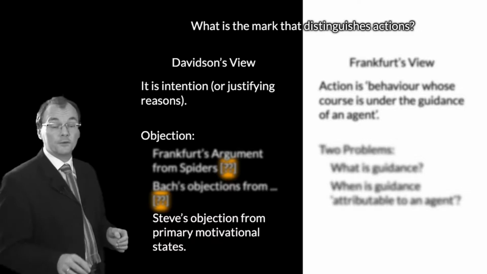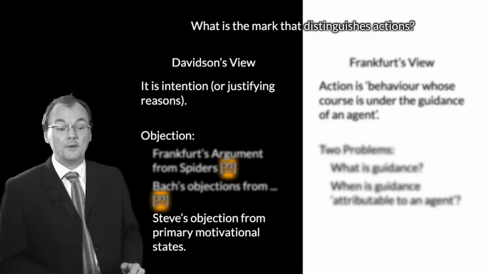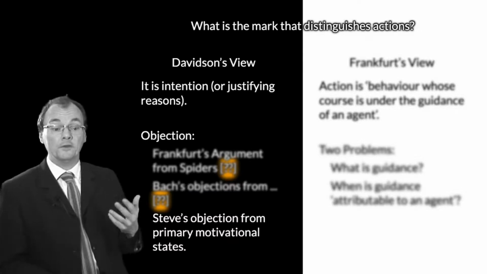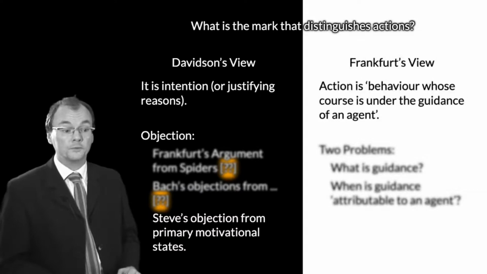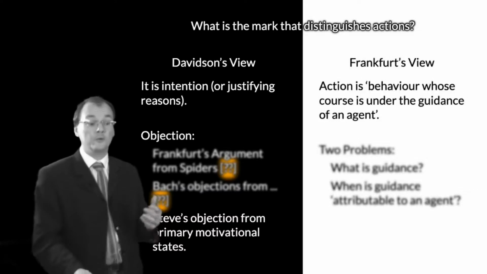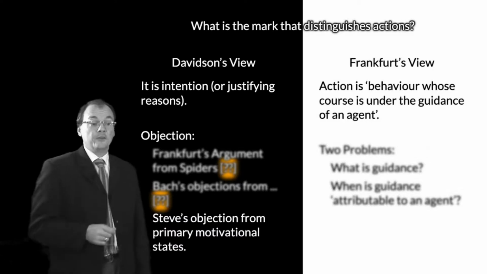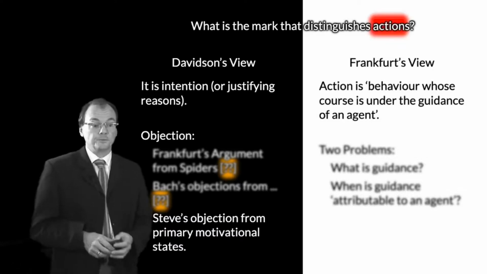But where does that leave us? Does that mean that Frankfurt has won and Davidson's view is just wrong? Has Frankfurt won after all? I don't think so. I don't think it's quite that simple.